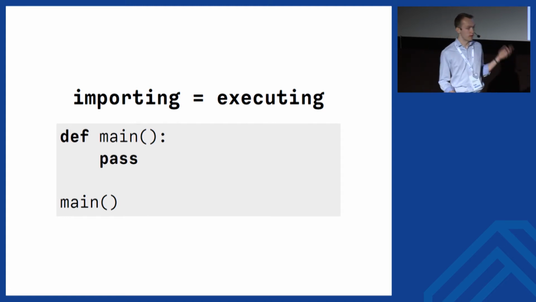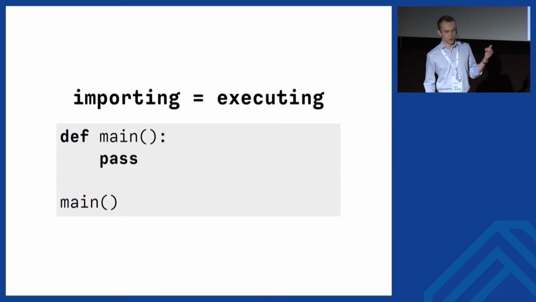So if you have a file like this, and there is a call to the function main, if you run it from a terminal, this function will be executed, and also if you import it, it will be called as well. Keep that in mind.